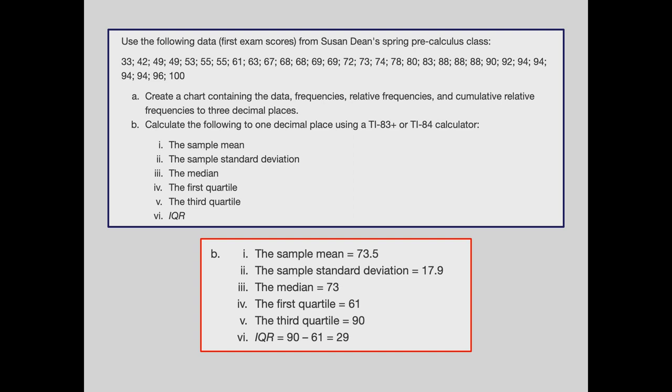And if you keep scrolling down, it'll tell you Q1 equals 61, median equals 73, Q3, or third quartile, equals 90. You need to know that the interquartile range is the third quartile minus the first quartile, which is 29. So the power of the graphing calculator is very real, and it does save you a lot of work when it comes to standard deviation.